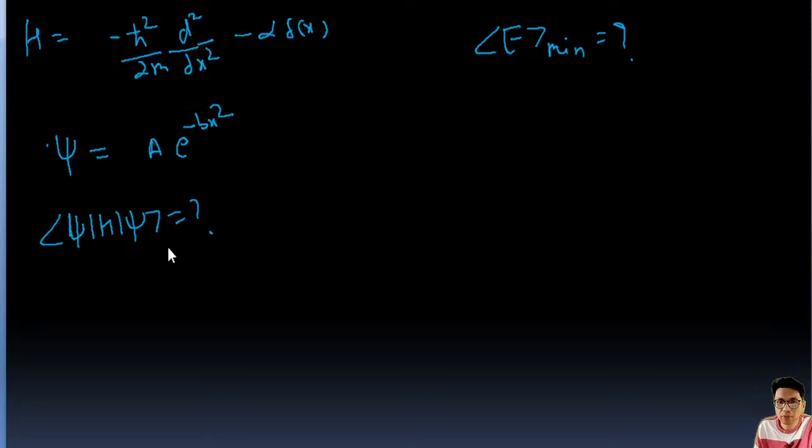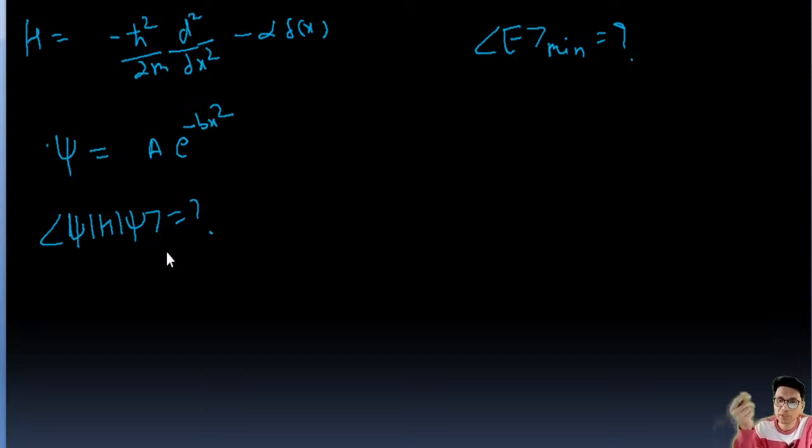After that, for the variation parameter b, we differentiate the ground state energy with respect to b, dE upon db, and make that equal to 0.